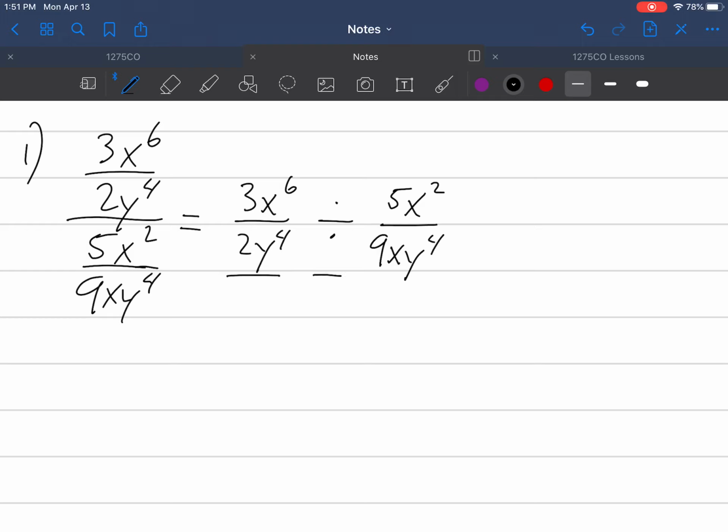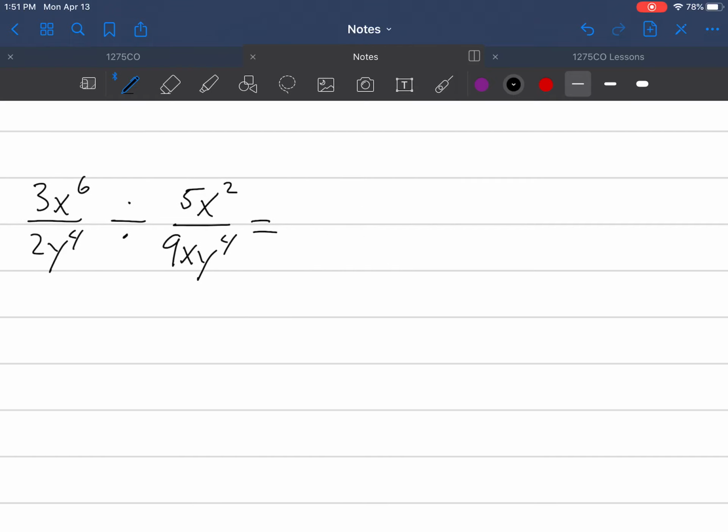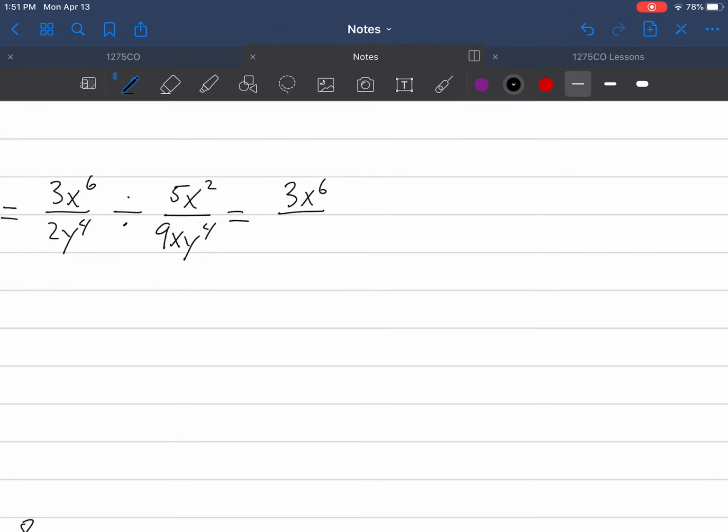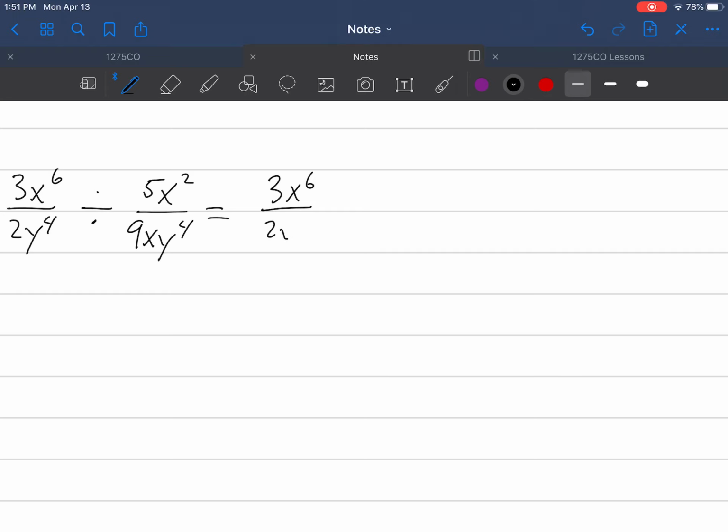Again, this is the definition of a fraction, which is the numerator divided by the denominator. Now, because this is fractions being divided, we can keep the first fraction the same, 3x to the 6th over 2y to the 4th, times 9xy to the 4th over 5x squared.